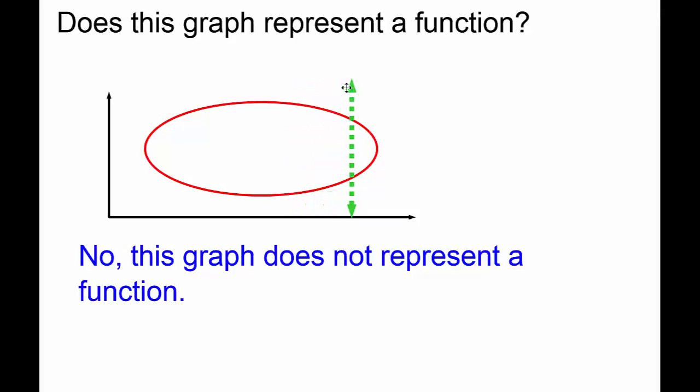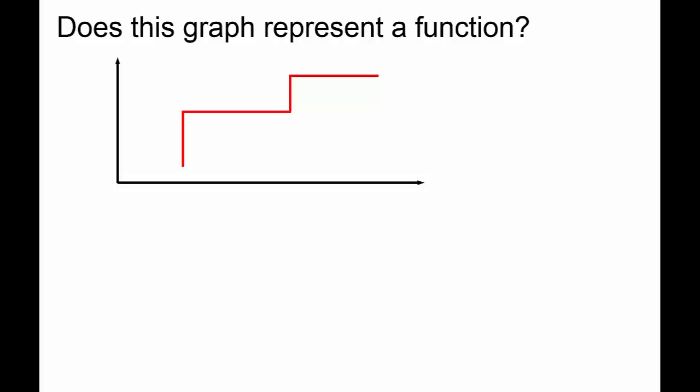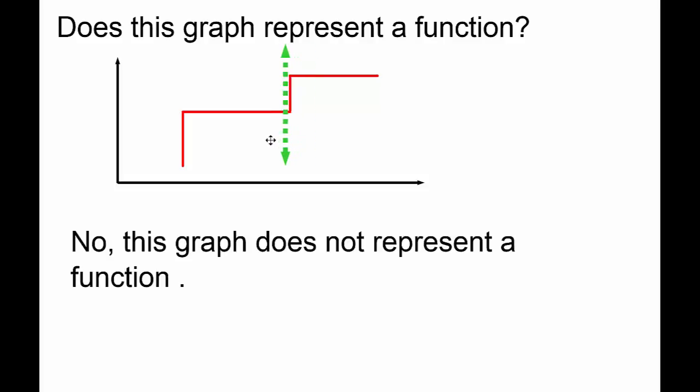We see the vertical line hits the graph more than once. Here's an interesting graph, but does it represent a function? Once again, this graph does not represent a function because in some places the green vertical line hits the graph more than once.